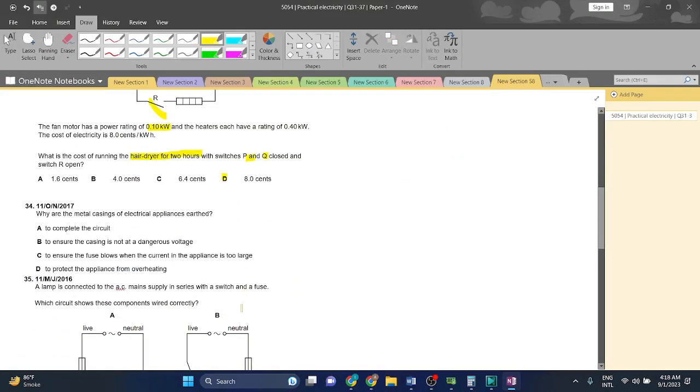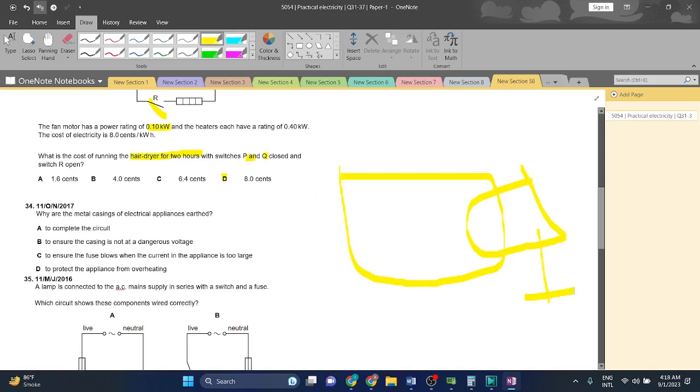So let's continue. Question 34. Why are the metal casings of electrical appliances earthed? For example, this is a television and this is a circuit, so the earthing will be here, and this is the live wire and this is the neutral wire. This is the power supply. Suppose the live wire touches the metal casing.